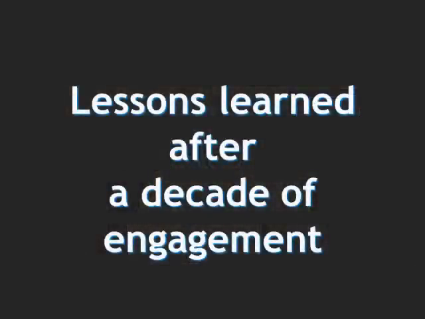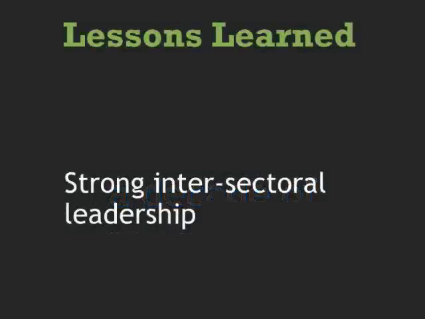However, notwithstanding the macro picture, when you go down to the micro picture, we have learned some things about the places that are doing well. And these lessons are interesting because they're transferable regardless of the argy-bargy at the higher political levels. So, for instance, intersectoral leadership. One of the things that was done well in BC is that there has been funding available, either through the United Way or directly through the Ministry of Children and Family Development, to have intersectoral coalitions for early child development.